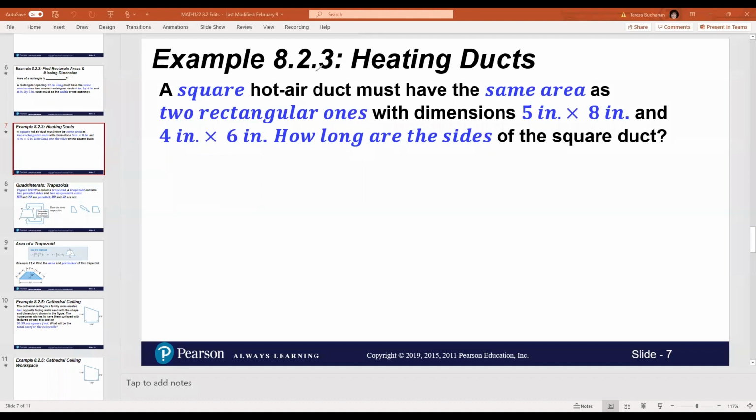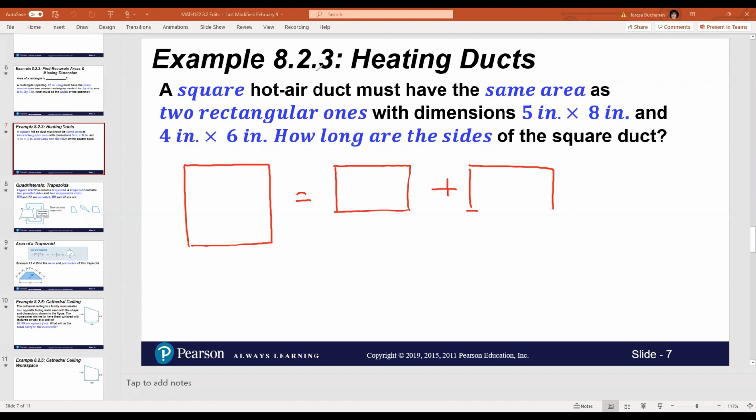We have a square hot air duct that has to have the same area as two rectangular ones with dimensions 6 by 4, 5 by 8. That part's the same, isn't it? 5 by 8 inches.